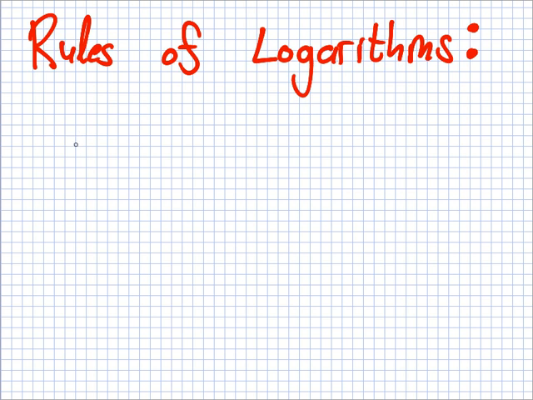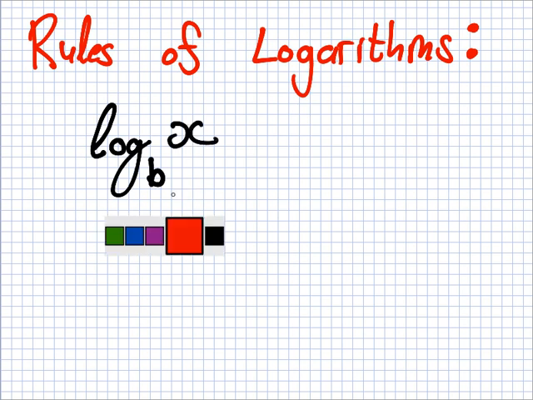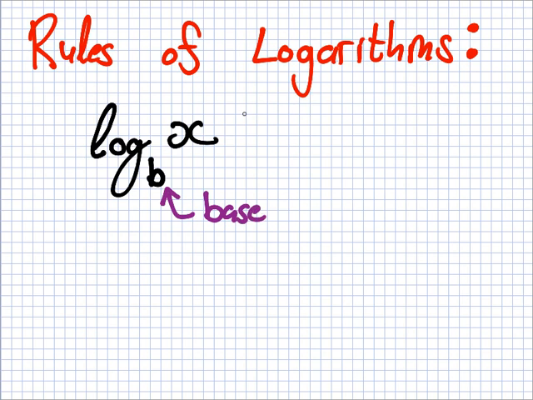Firstly, we should start off with the definition of log. Usually logs are written like this: log, and a number here, and a number here. This part is the log, we call the base, and this part here I would call the argument, or the variable, or the input. And the meaning of log is this.